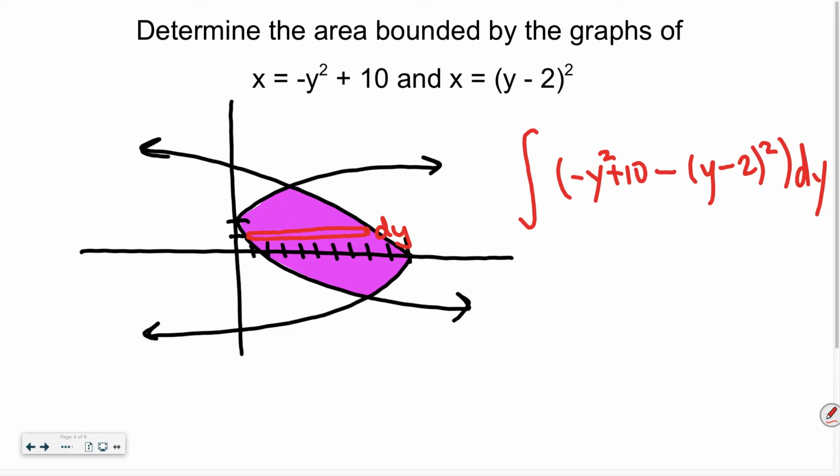Ooh, but what do we need? We need our limits of integration. We need these intersection points right there. We need to know when negative y squared plus 10 is going to equal y squared minus 4y plus 4. I don't know how much guessing and checking is going to be efficient here.